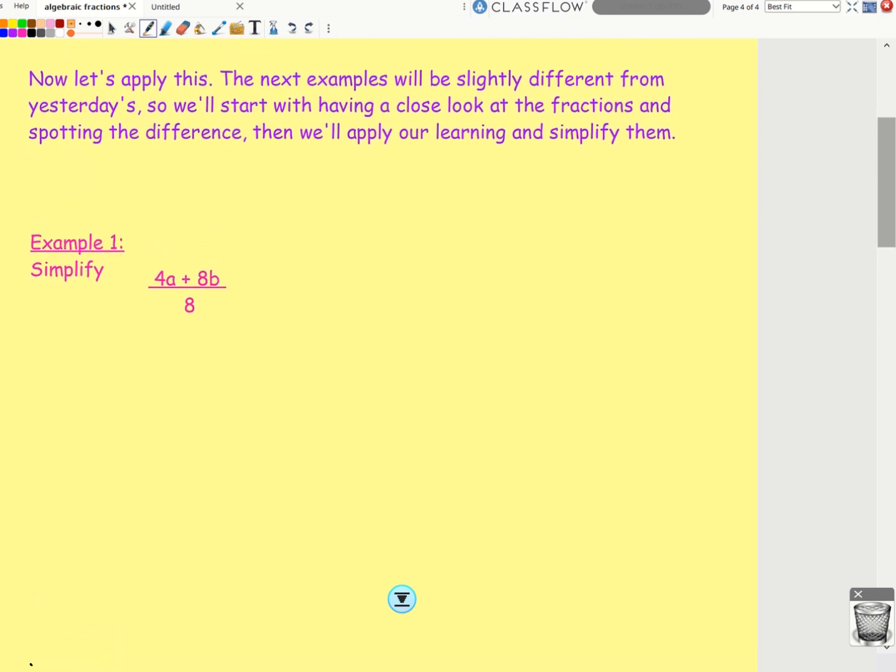So what I'm going to do is, for each line that has an adding or a subtracting sign on it, we are going to factorise that. So that top line there, we've got 4a plus 8b. You can do this working at the side if you like. If I factorise that, my highest common factor is 4, and that will leave me with a plus 2b inside the brackets.